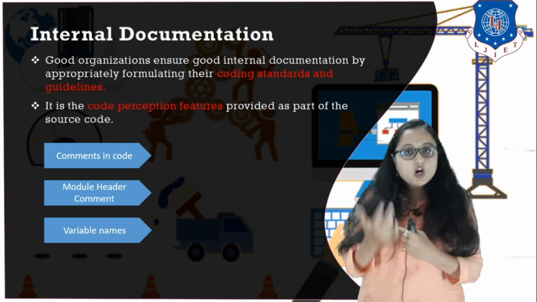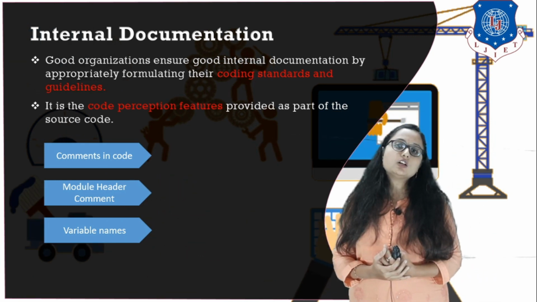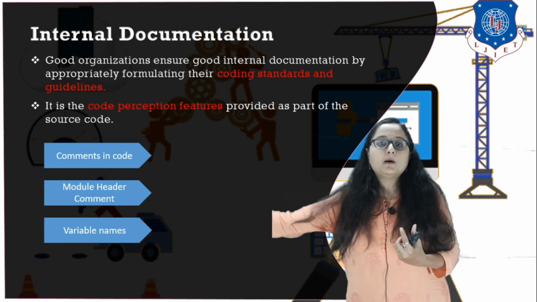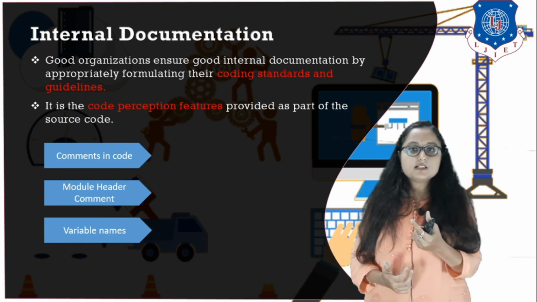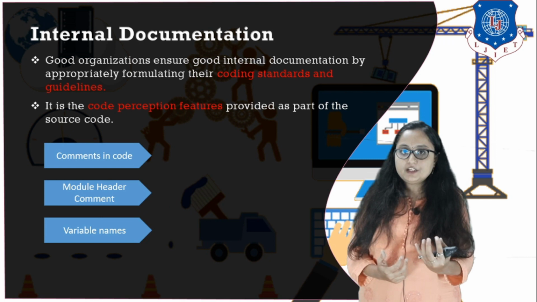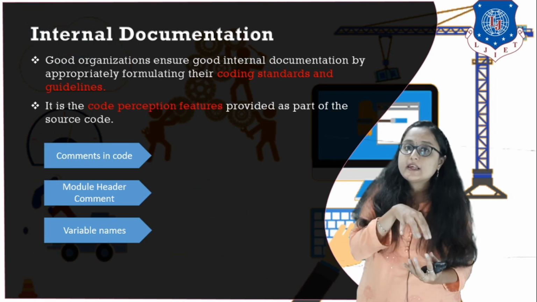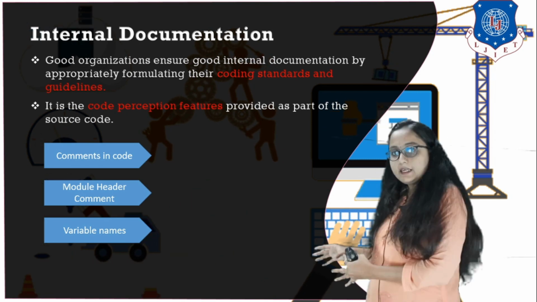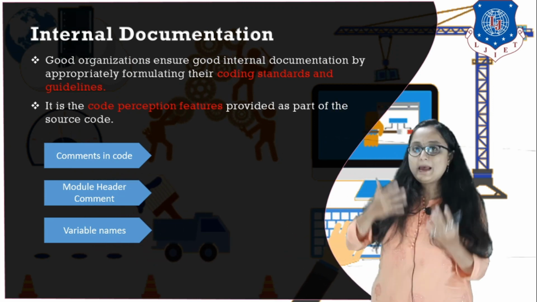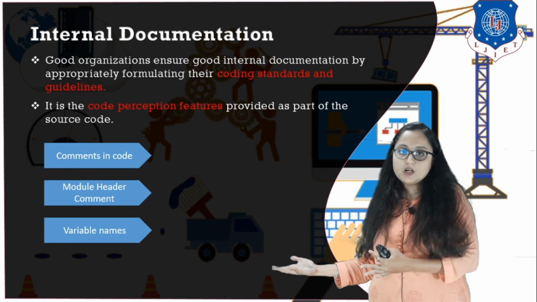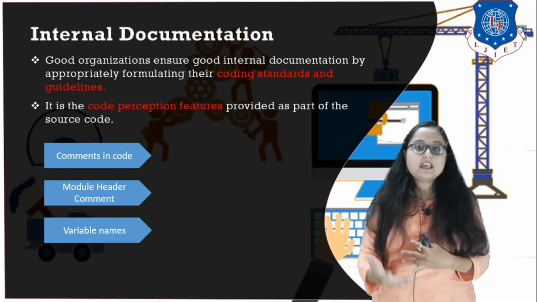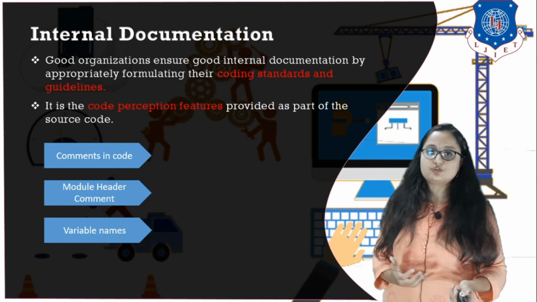No. For example, if I am storing the sum of some numbers in a variable, I can name my variable sum, because that variable should depict what is being stored inside it. So the variable name should be meaningful. That is also because if I am handing over this code to some other person, or even if I am looking at this code after years, I should be able to interpret what this variable is doing, right?